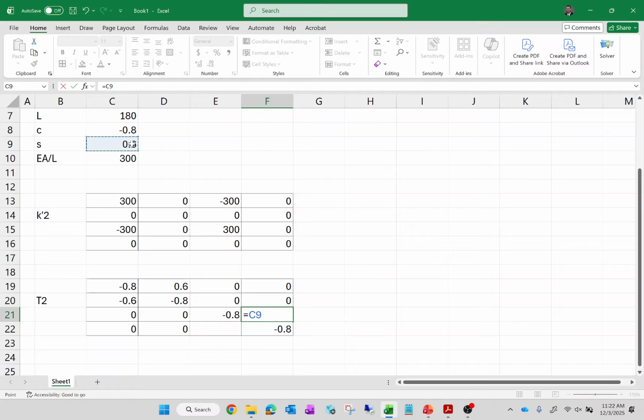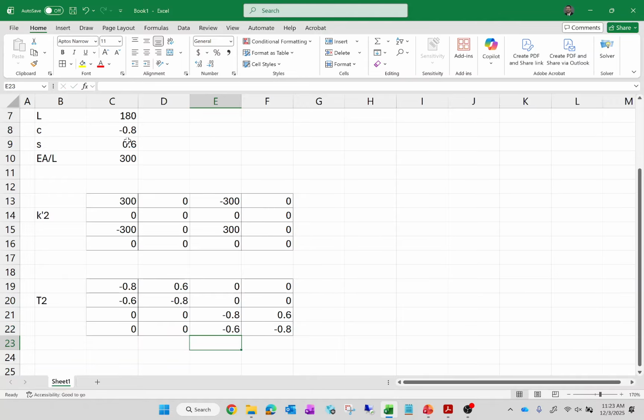This is S. This is minus S. Okay, so if you do this correctly, at least for this problem, the T matrix is pretty much negative across the board except for that term and that term. Those are the only ones that are positive. Everybody with me on that? Okay.